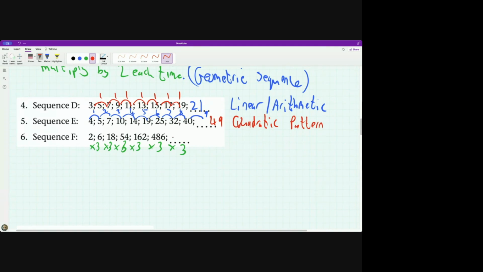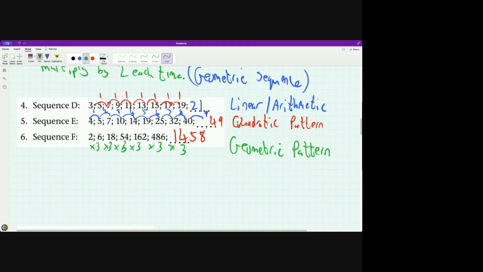And what do I get here? What's this final number going to be here? Someone can help me out. It's going to be like 1,000. What is it going to be? Gadlin, you came to the rescue. 1458. And because I am multiplying by a constant value, we can say that this is a geometric number pattern.